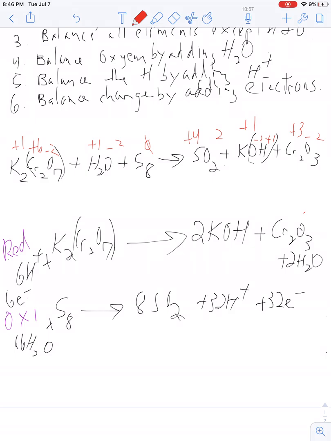Okay? So the 7th rule is to balance electrons with the lowest common multiple. Okay? So what is the lowest common multiple between 6 and 32?